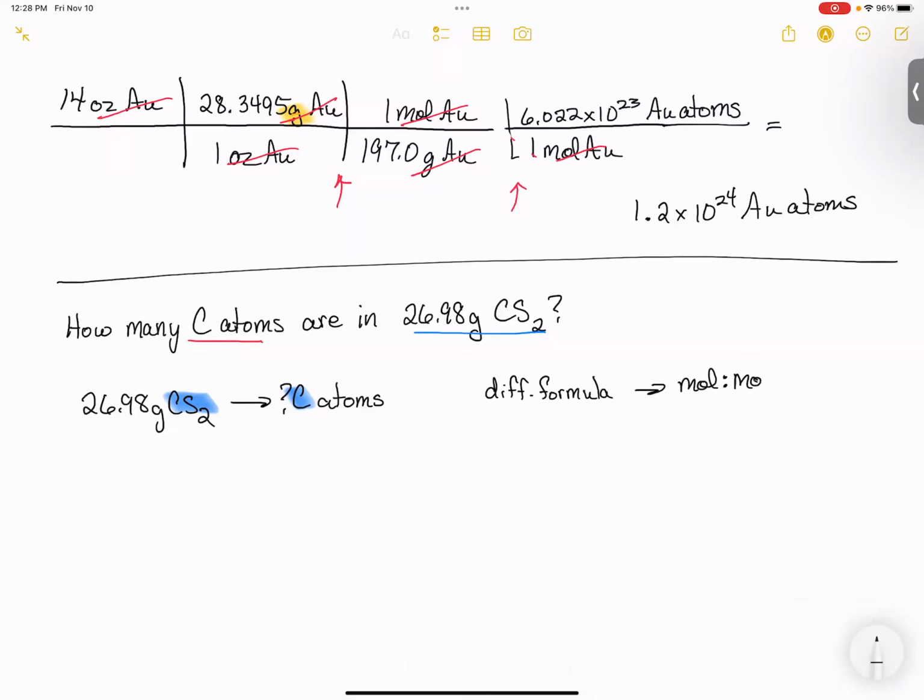And where's that mole to mole going to come from? The mole to mole comes from the carbon, but more importantly, it comes from the formula.